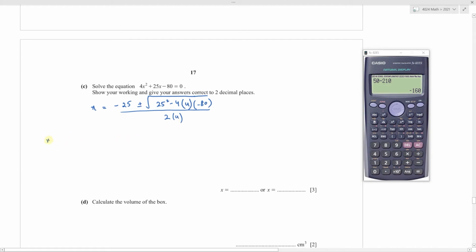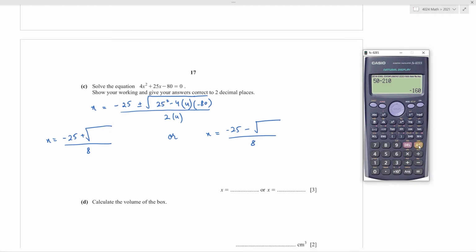So x equals minus 25 plus square root of something over 8, or x equals minus 25 minus square root of something divided by 8. So let's calculate the value inside the square root. You have 25 squared minus 4 into minus 80, which is 1905.